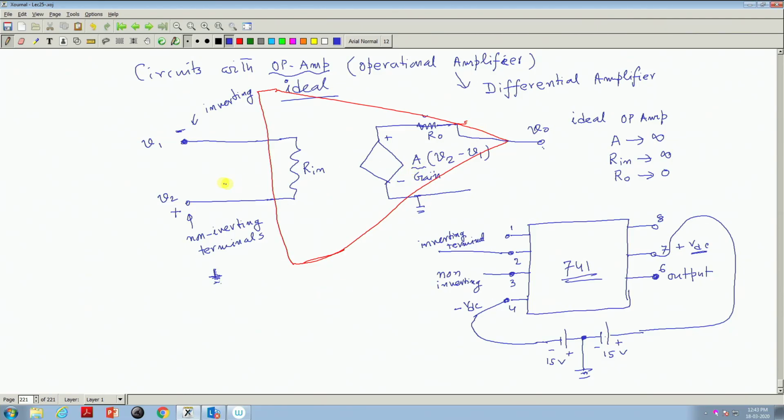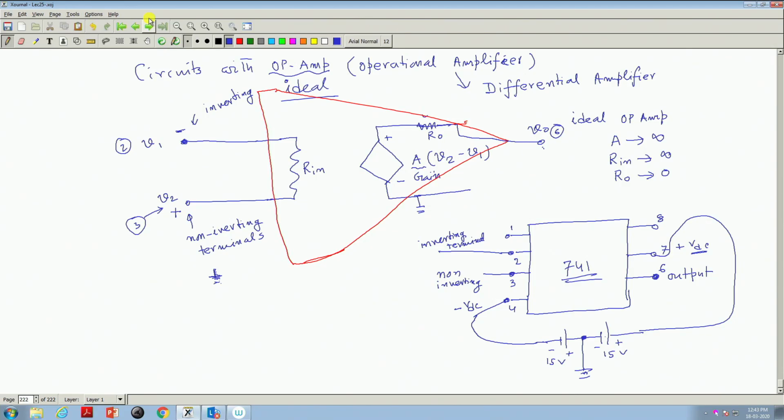It amplifies this signal, and this V naught is terminal 6, mind you. This V1, the inverting terminal, is terminal 2, and the non-inverting terminal is terminal 3. Got the point?